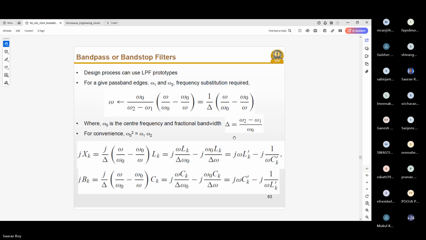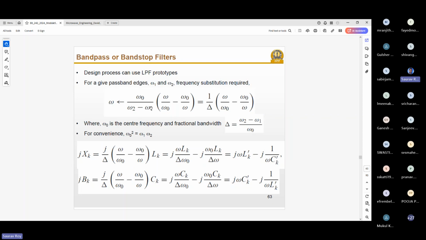Similarly here, let's say you have to design a 4 gigahertz band pass filter, where the center frequency is 4 gigahertz and your bandwidth is 10%. From this 10% bandwidth, you can calculate omega 1 and omega 2, which are nothing but the lower cutoff and higher cutoff for a band pass filter.